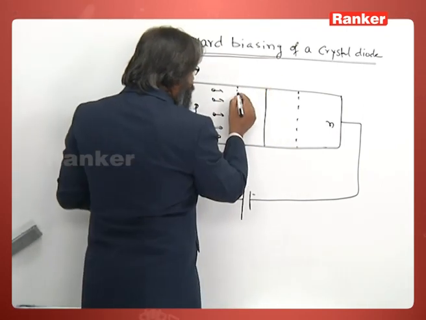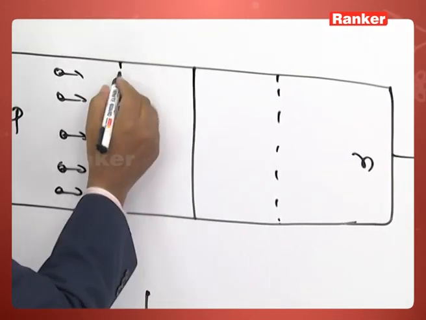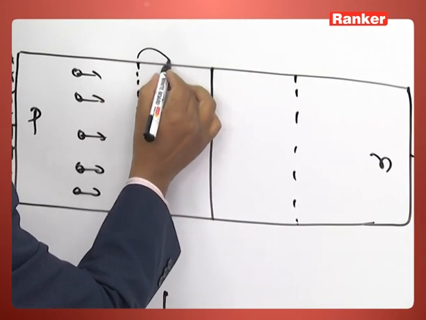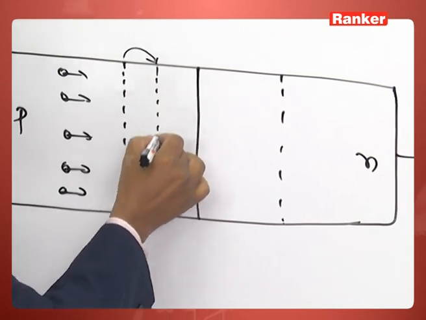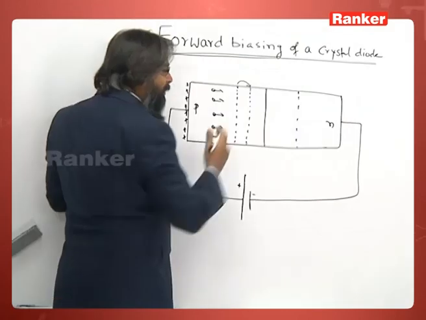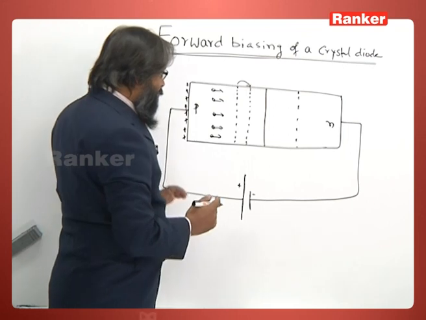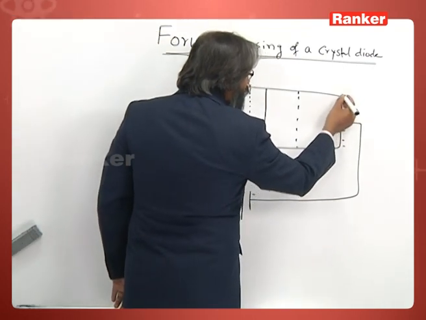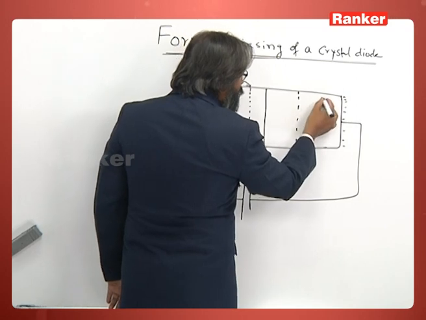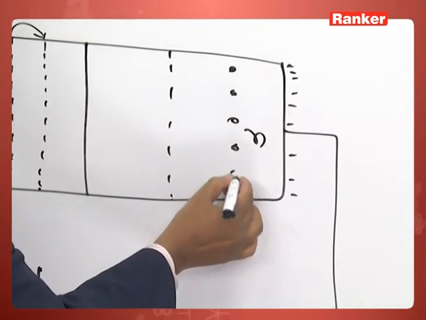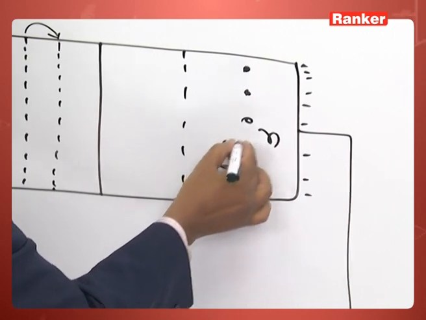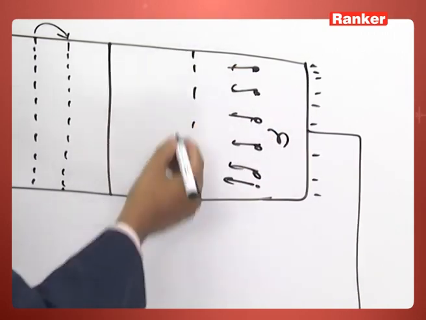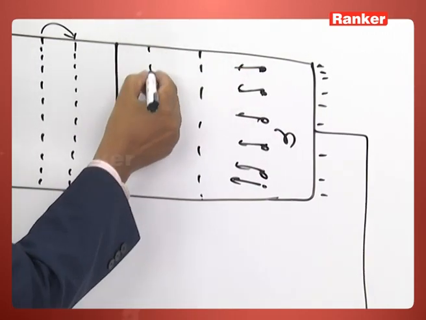As a result, this face of the junction will shift somewhere here. Similarly, the negative potential here will push these electrons closer to this face, and so this face will shift here.